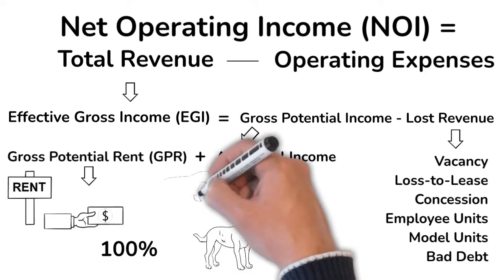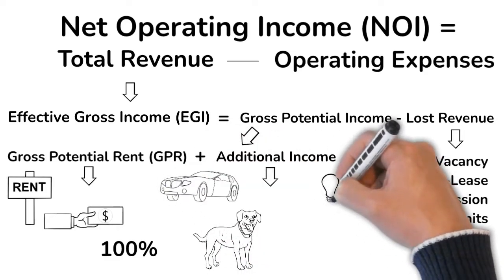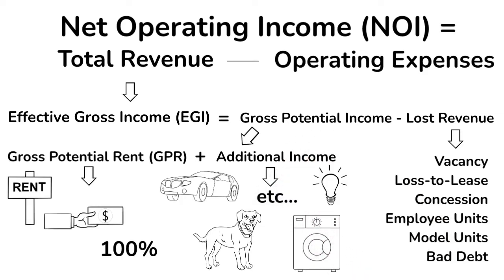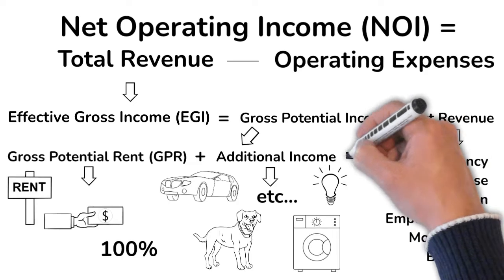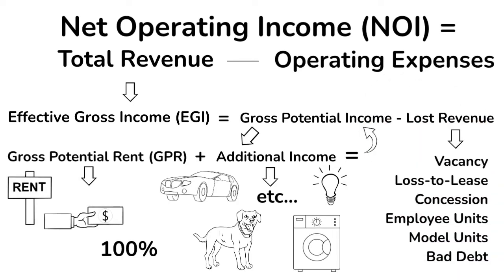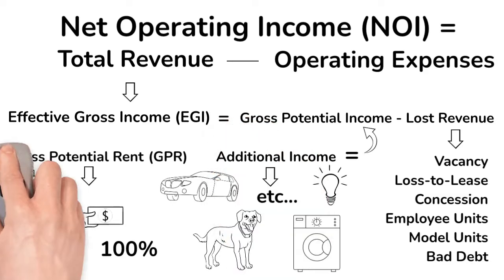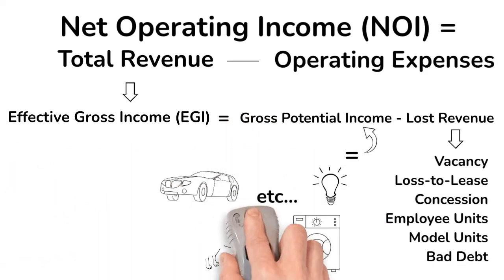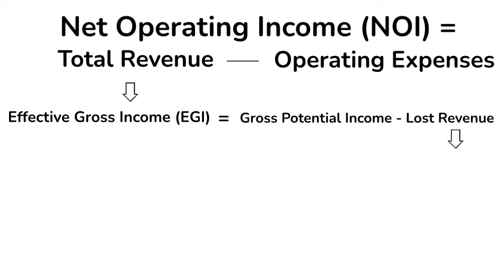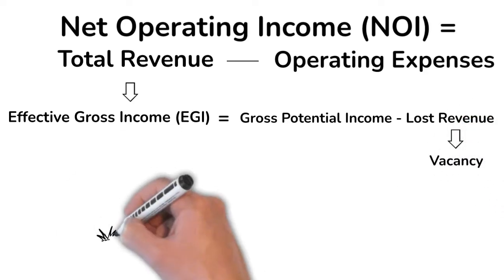Additional income includes things such as pet rent, reserved parking, utility bill back, laundry facility income, application fees, and so on. So the gross potential rent plus all the additional income equals the gross potential income. Now let's see where revenue is lost, which brings our gross potential income to our effective gross income.